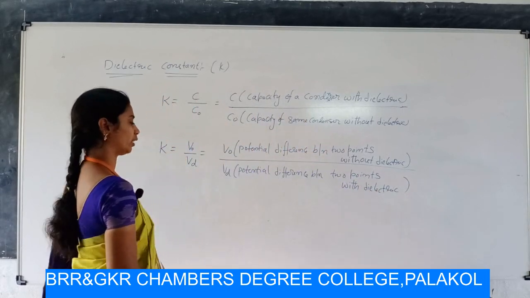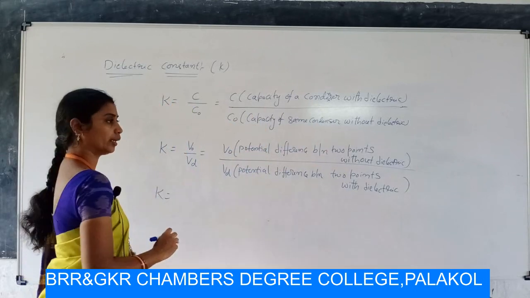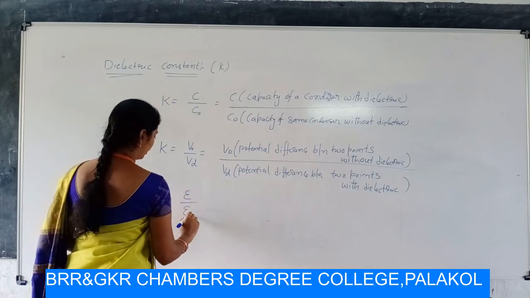In a similar manner, if we consider this dielectric constant for permittivity of the materials, then we can write K equal to epsilon by epsilon naught.